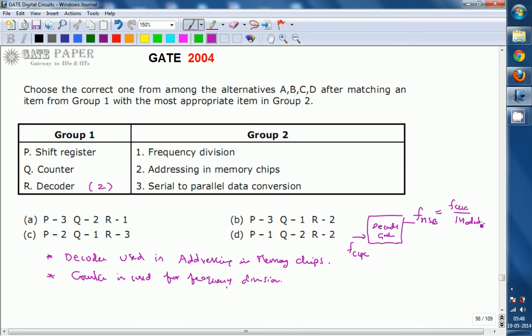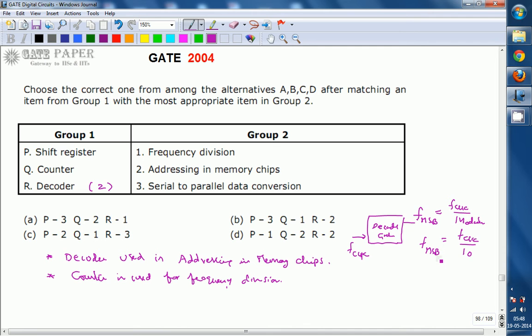Modulus implies the number of unique states. A decade counter has 10 unique states, so its modulus is 10. So it can be treated as f clock divided by 10. The frequency present at the MSB flip flop is 1 by 10th of the clock frequency.